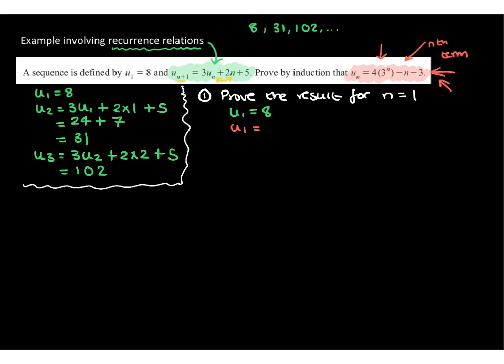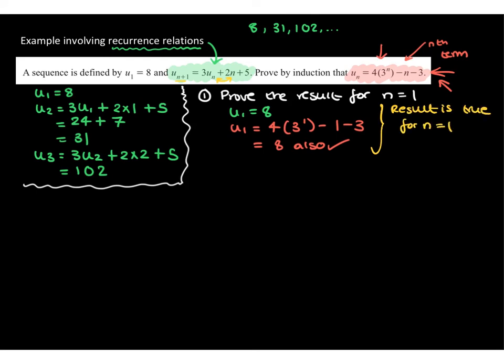Well, let's check. 4 multiplied by 3 to the 1, minus 1, minus 3, this gives us 8. So the result is true for n equals 1, and we've completed the foundation of our proof.